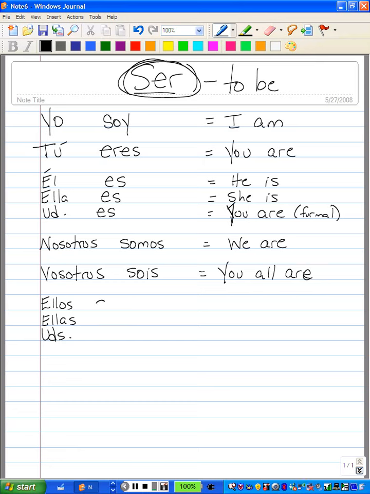If you want to say they are, it's ellos son or ellas son. Or if you want to say you all are, it would be ustedes son.